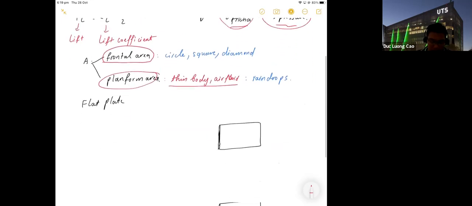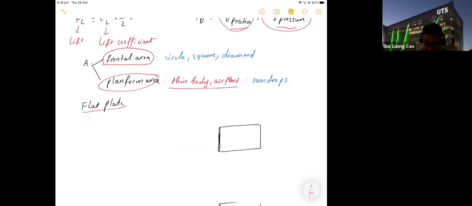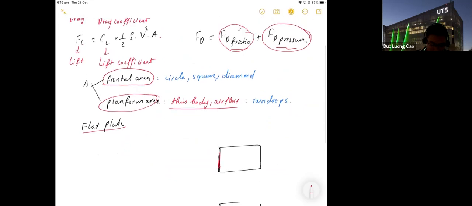For the flat plate, because it is very thin, FD will be equal to FD friction only. You can assume that pressure in front and behind is the same. So FD equals FD friction, and this one will be equal to CD times 1/2 rho V square times area.